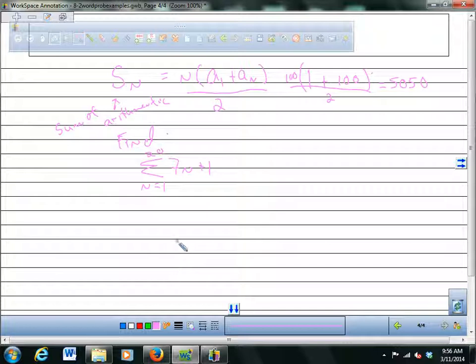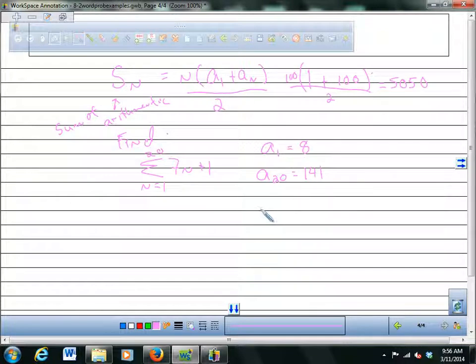And all you have to do is find the first term. What's the first term? You plug in 1 in here and you get out 8. What's a sub n? In this case, n is 20, right? So the last term, if I plug in 20 in there, is 141. And then I just plug into this formula.